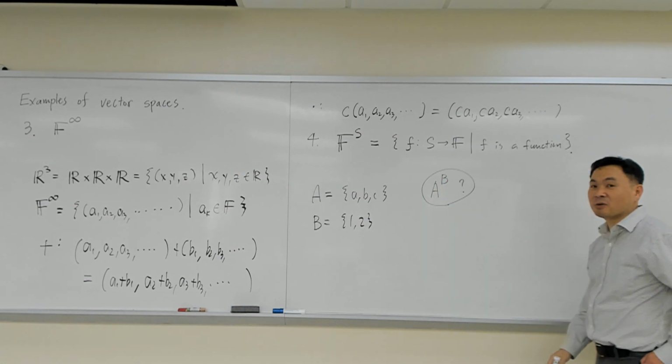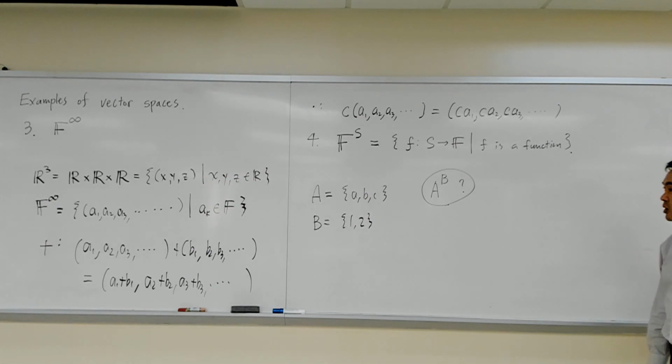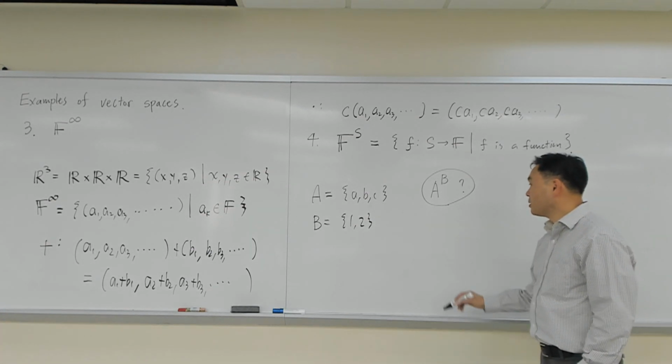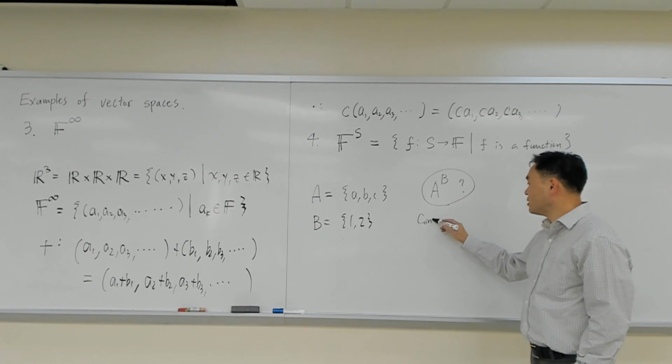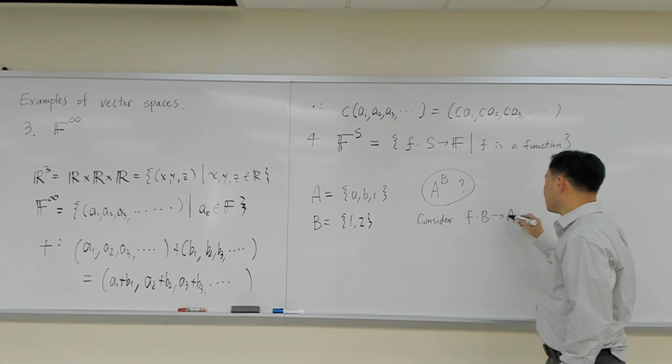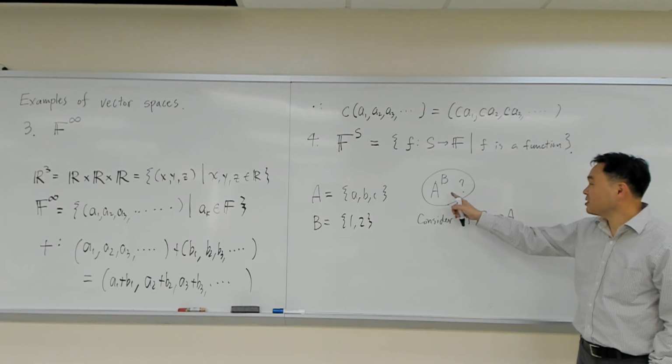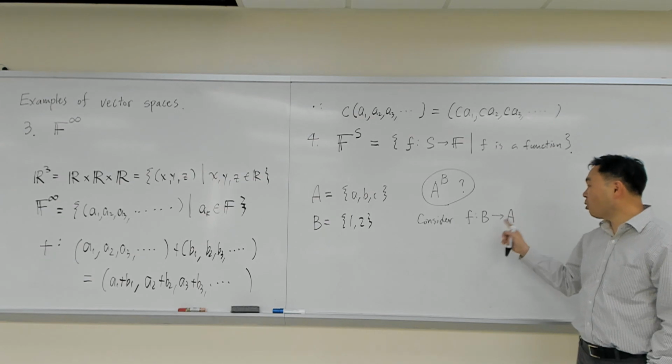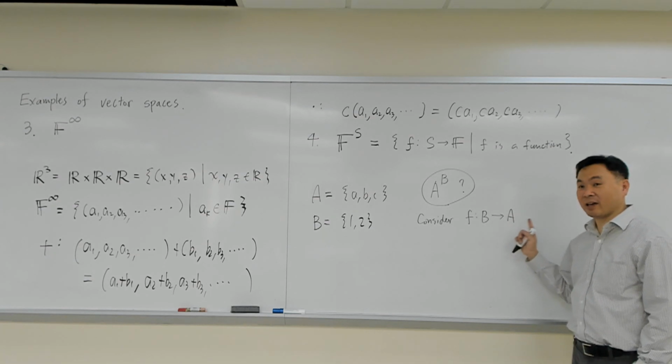What does that mean? Well, consider a function from B to A. So I'm claiming that this is the ideal notation for all the possible functions from B to A, okay?